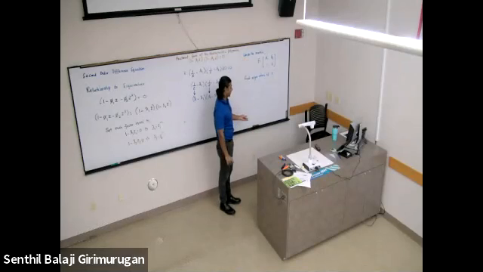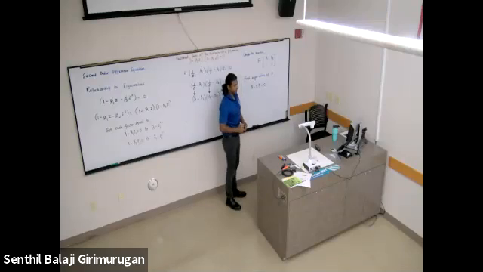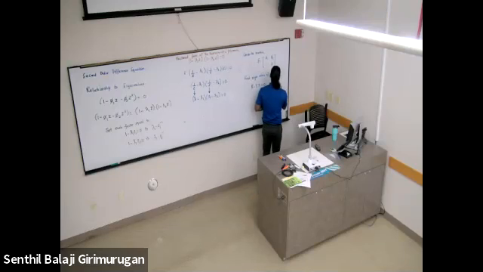If you don't know this process, that's okay. We want to find the values of lambda such that the determinant of F minus I lambda is equal to 0. What is I? I is what we call the identity matrix.